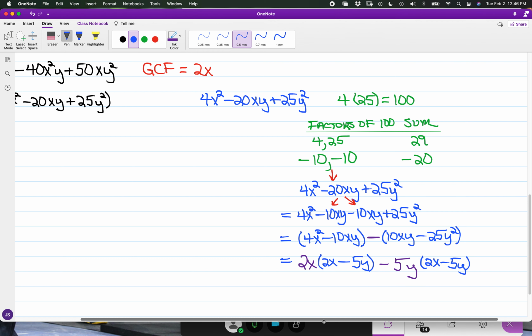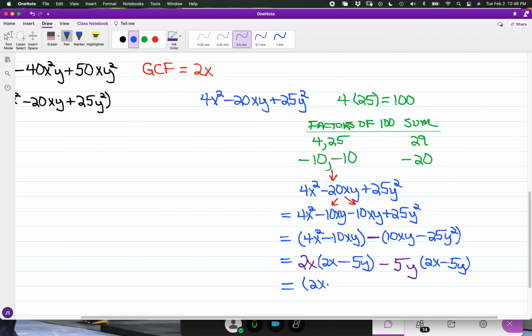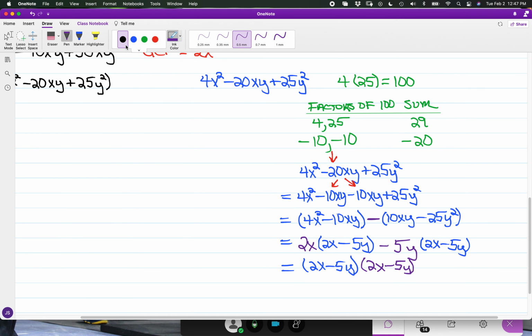And so, looking at what we have here, we have a common factor of 2x minus 5y, and the outside terms will also form 2x minus 5y. So here we have repeating factors.